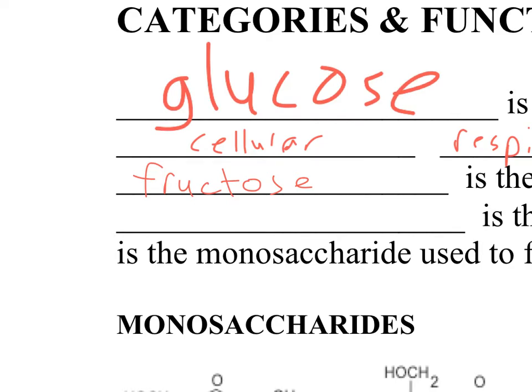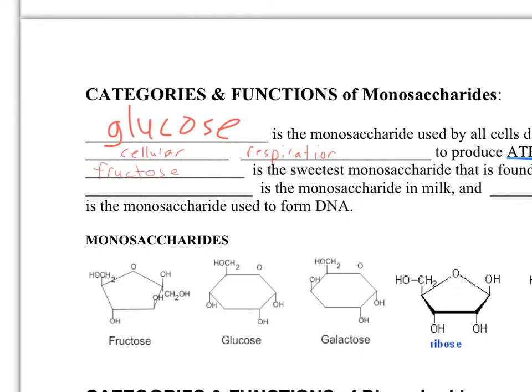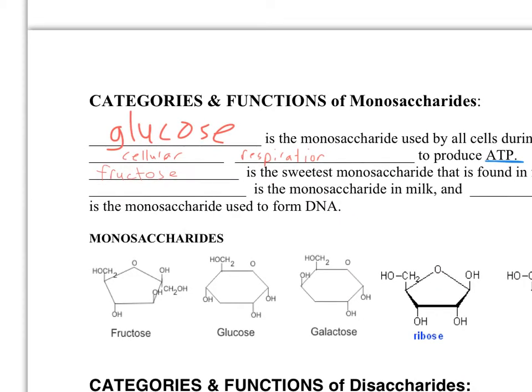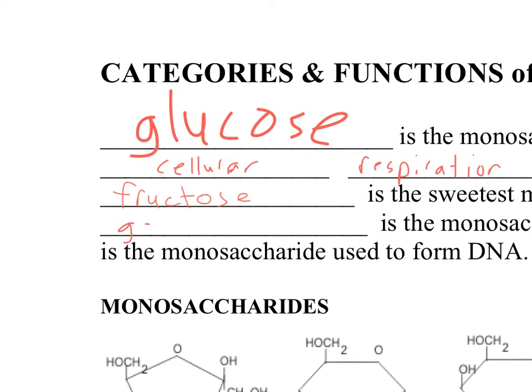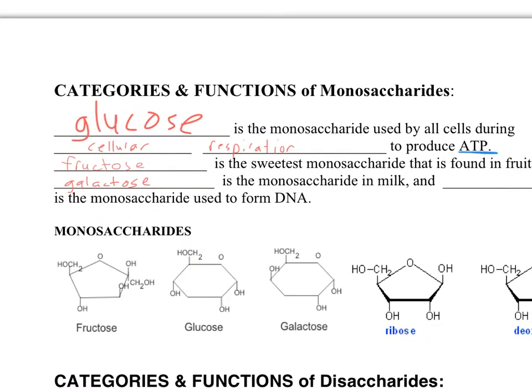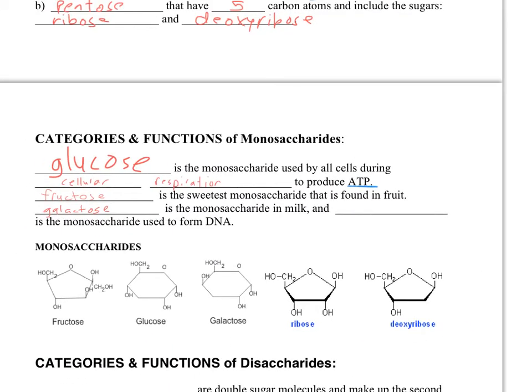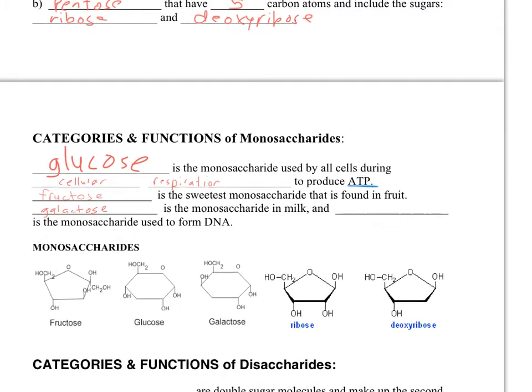So fructose is the sweeter monosaccharide found in fruit. What's the monosaccharide found in milk? Galactose. Okay. Now, the reason why it's not lactose is because it's actually referring to the actual monosaccharide. Okay. And then the monosaccharide used or found in DNA.